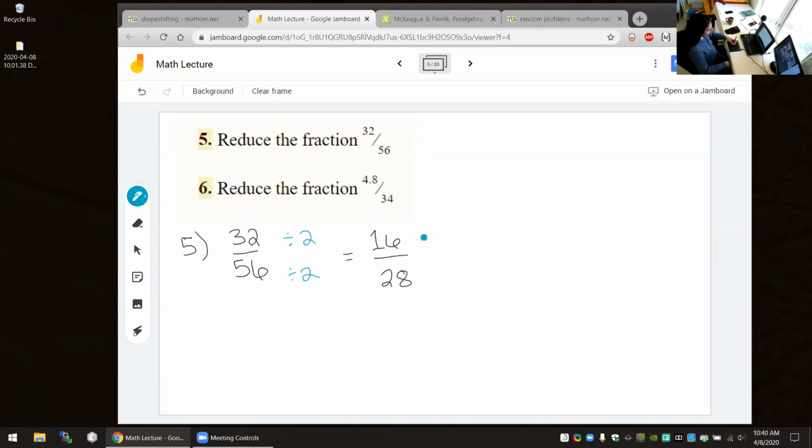So they're both even. Let's keep whittling away at it. They're both even. Ta-da. Number 6 is going to be a little trickier.